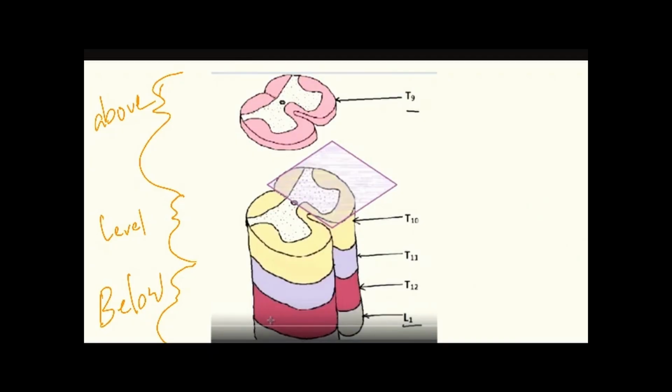So remember, our sensory goes in here. We'll do pain and temperature in red first. Pain and temperature is a crossover at the level, right? I'm just going to draw one line. I'm not going to draw every single neuron, but remember how many neurons are in a sensory unit? 3.